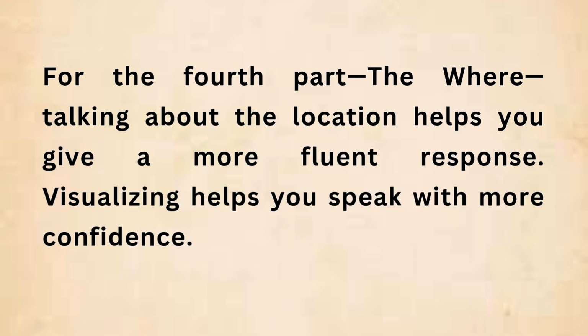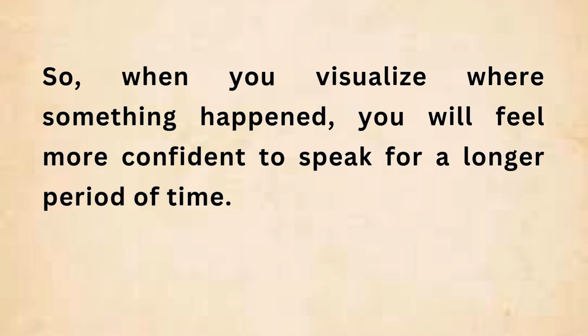For the fourth part, the where, talking about the location helps you give a more fluent response. Visualizing helps you speak with more confidence. So, when you visualize where something happened, you will feel more confident to speak for a longer period of time.